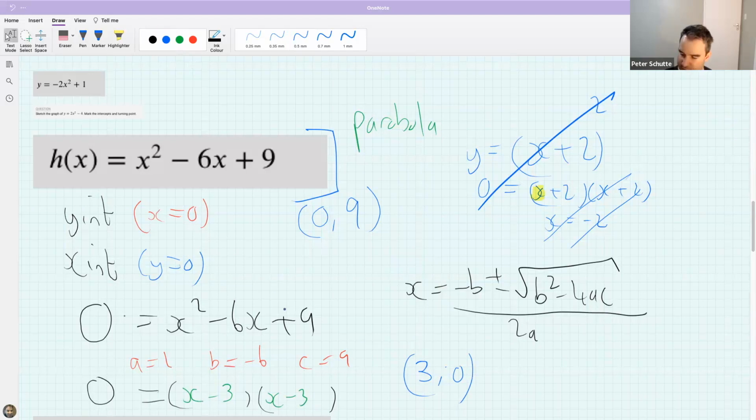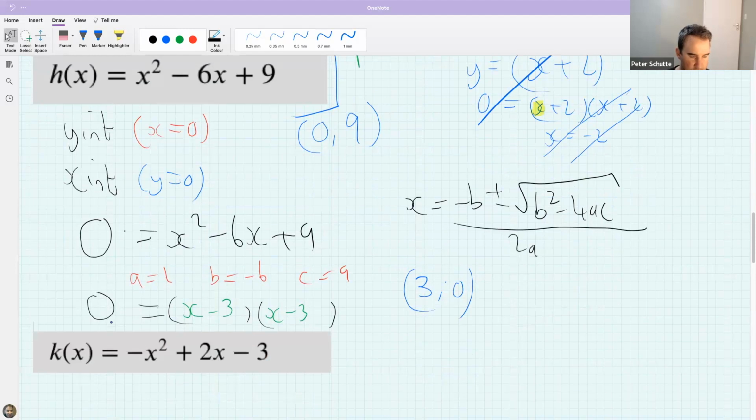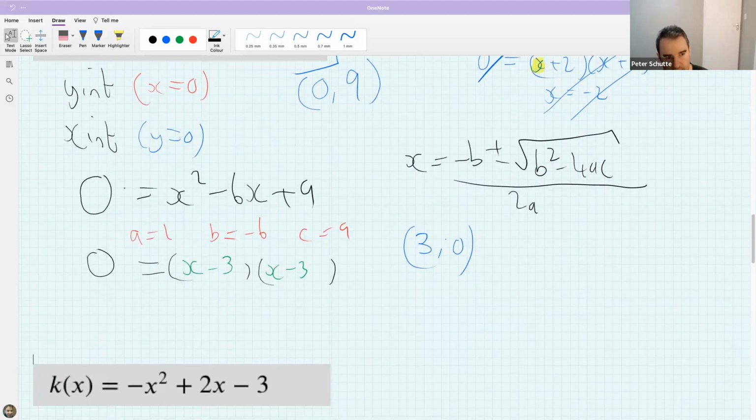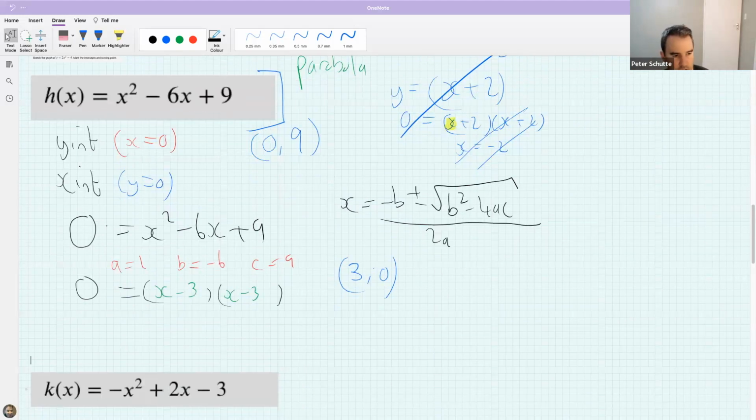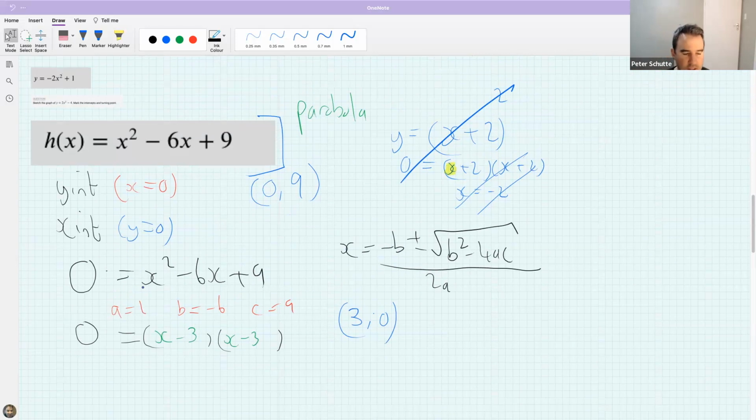This graph is a lot like the previous one we did. So let me explain why. In this particular graph that we've just done, it can actually be rewritten as x minus 3 squared. So this graph up here, this h of x, and this one over here are the same graph.